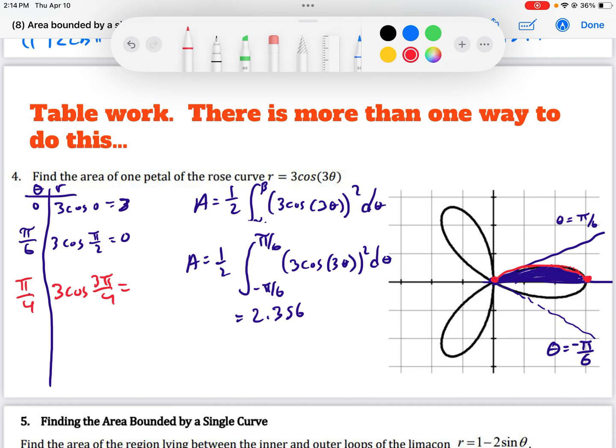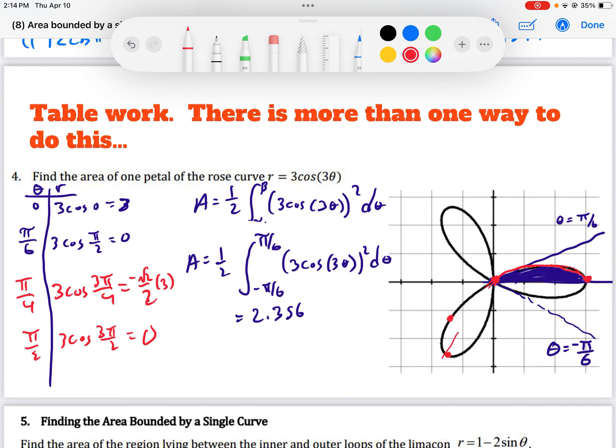Cosine of 3 pi over 4 is negative root 2 over 2, times 3 is some negative number over here. So I get this. When is it at 3? I'm thinking that's going to be pi over 2. So 3 cosine of pi over 2 times 3 would be 3 pi over 2. Cosine of 3 pi over 2 is 0. So at pi over 2, it's back to 0.